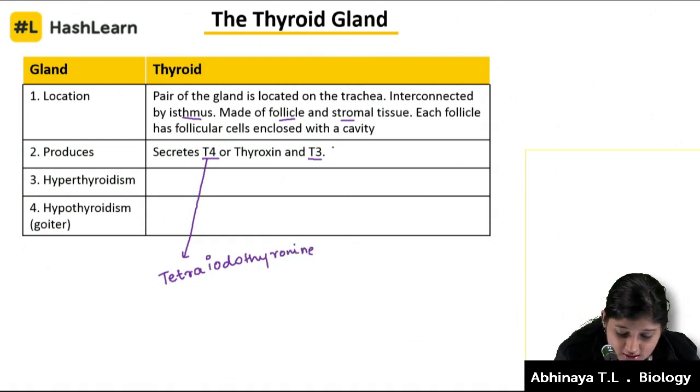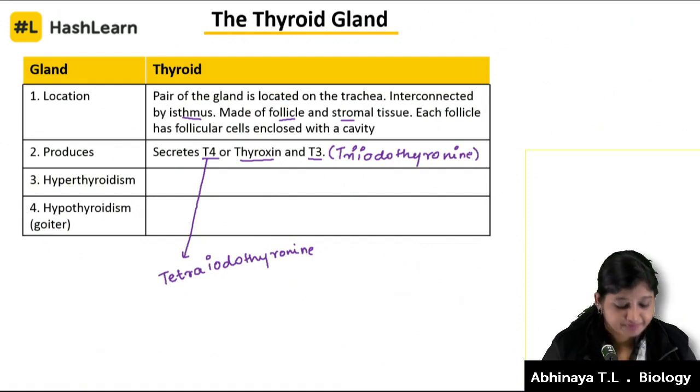As the name suggests, T3 is called triiodothyronine. So these are the hormones produced by our thyroid gland.